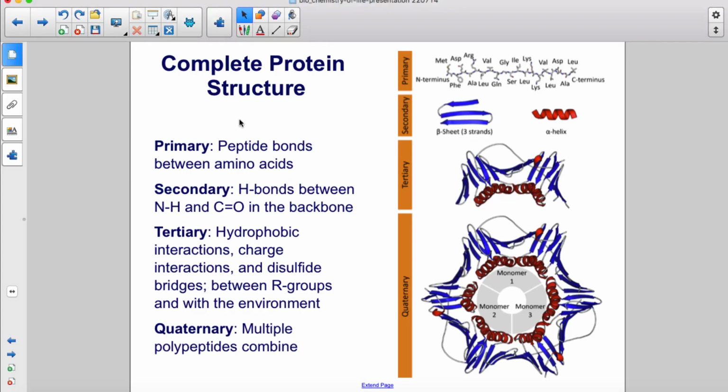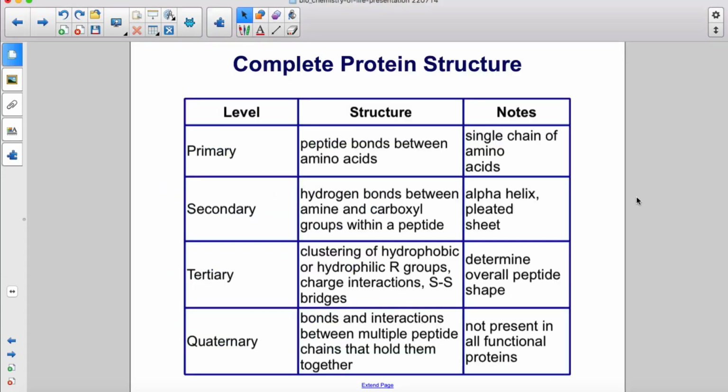Complete protein structure: primary, peptide bonds between amino acids; secondary, hydrogen bonds between NH and CO in the backbone; tertiary, hydrophobic interactions, charge interactions, and disulfide bridges between R groups and with the environment; and quaternary, multiple polypeptides combine. Here is a table summary showing all of the structures and notes for every level.